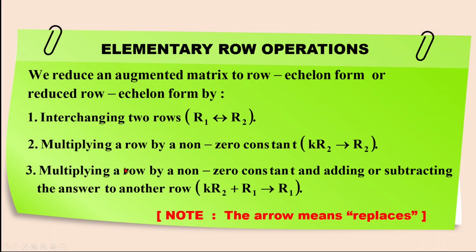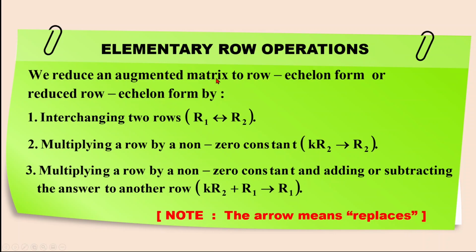All right, so to do that, we need to settle elementary row operations. So what is it actually? Basically, what we are going to do is transform the augmented matrix to row echelon form or reduced row echelon form. You can check the videos that I mentioned just now. I also did mention reduced row echelon form.